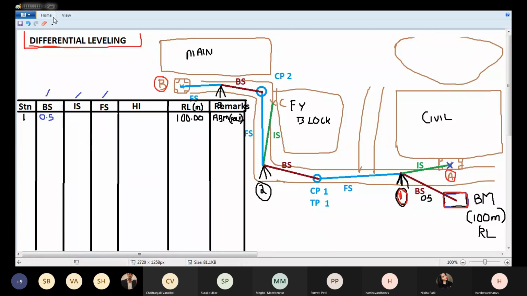My first station is station number 1. It is an arbitrary benchmark, and the top of the pedestal I've taken as the benchmark. So I have assumed the RL of the benchmark as 100 meters. Next, I have set up my instrument here. I'll hold the staff here on the pole pedestal, and I will take a staff reading.